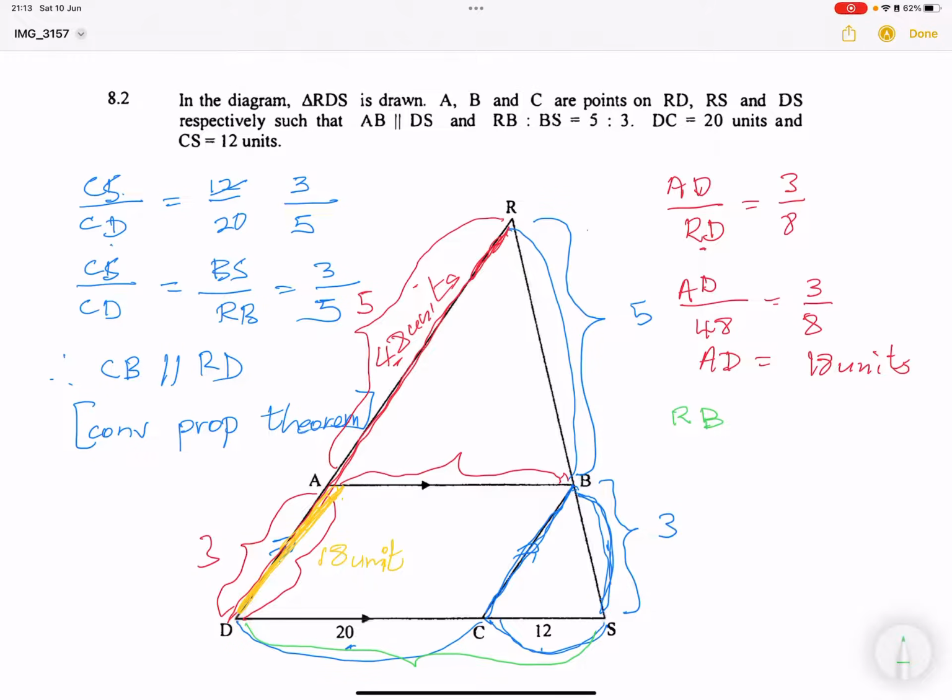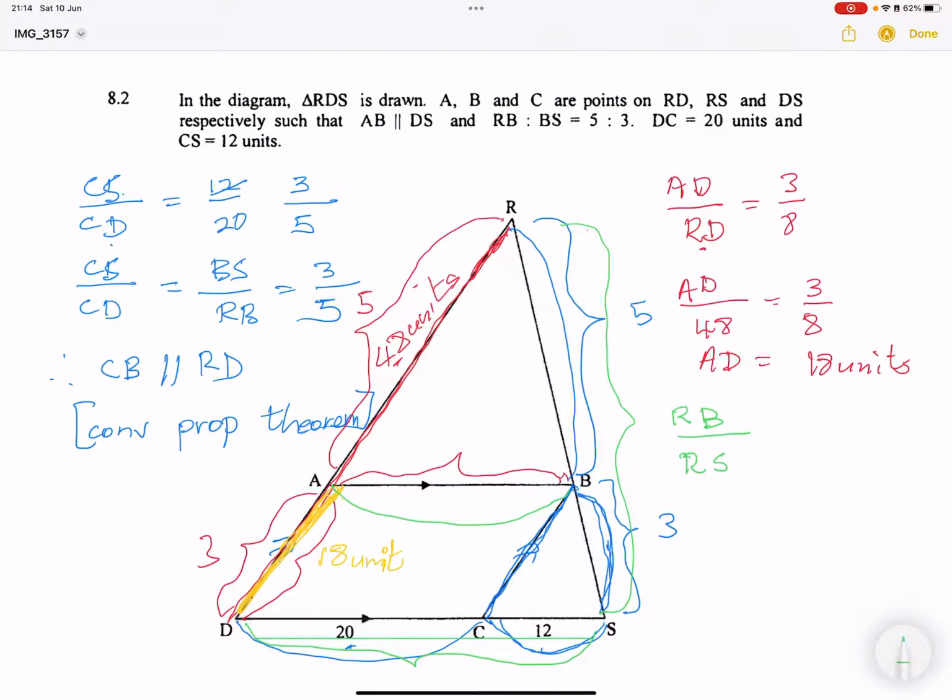So if I take RB over the whole side, so that will be RB over that entire side there, because I want the ratio of AB, from the small triangle over the big triangle. So I'm going to say ratio small triangle, that's going to be RB over the long side, which is RS.